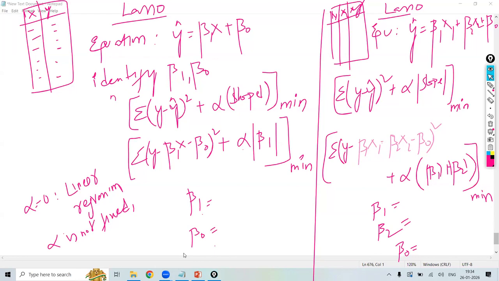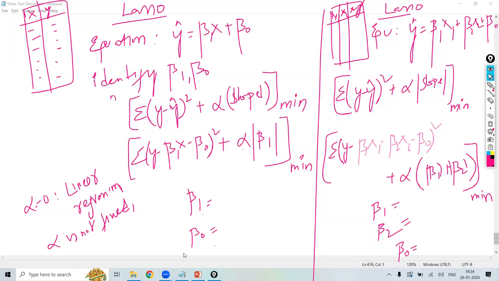Mayur, there is no formula for alpha. Since alpha does not have any formula or fixed value, we have to try different values. Mayur, is your question clear?